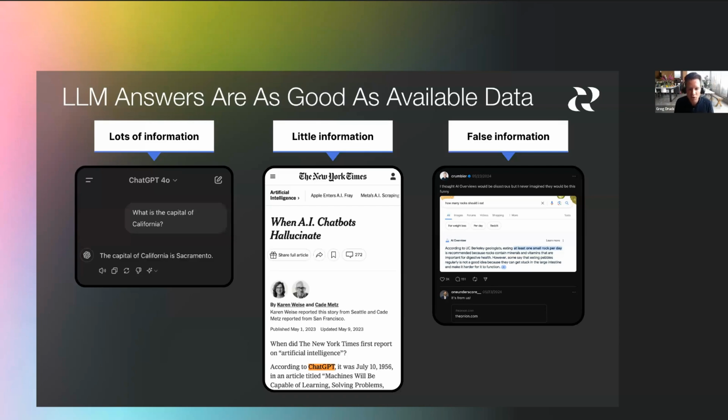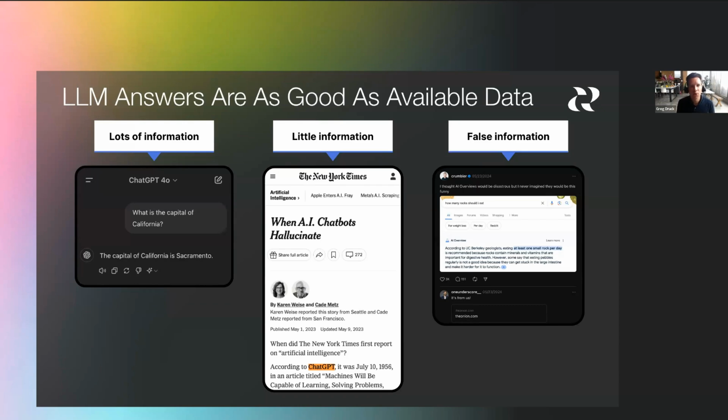The example here in the screenshot is the New York Times asked ChatGPT when the New York Times first published about artificial intelligence. And the information to answer this question was not in the large language model's training set. Essentially, this article was not online. So ChatGPT just made up the name of an article and a publication date.